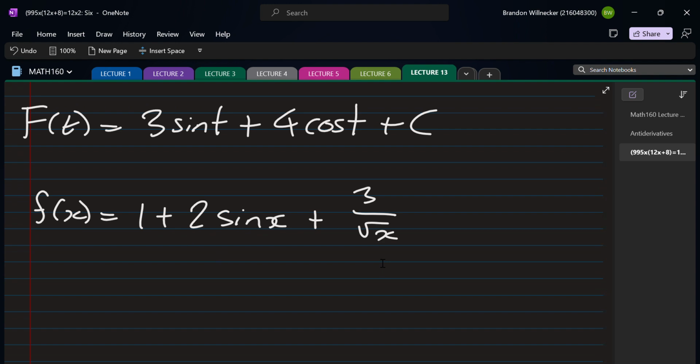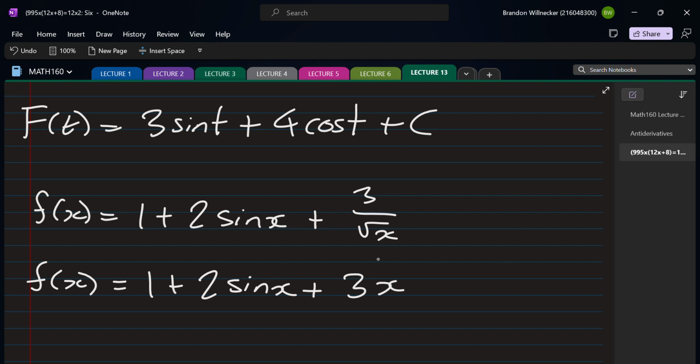But since it's in the denominator, we can take it to the numerator, but then we get that minus for the exponent. So we can write this as 1 plus 2 sine x plus 3 x to the minus 1/2. Okay, just because you see a root x doesn't mean it's automatically a power 1/2. If it's in the denominator, the power is minus 1/2. Okay, so please don't mix that up.